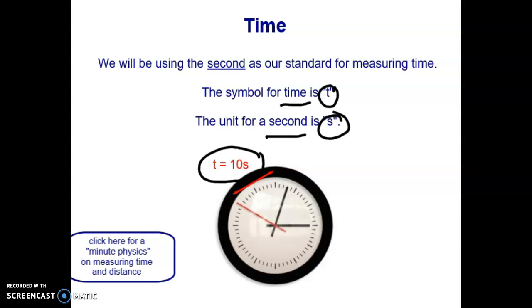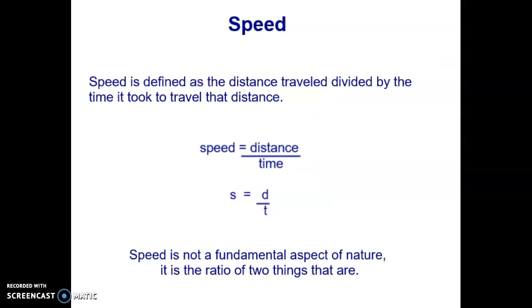Okay, let's continue to move forward here. Our next thing is putting distance and time together in our first true physics equation, and we're going to define the concept of speed. Speed is defined as the distance that we cover divided by the time it takes to cover that.